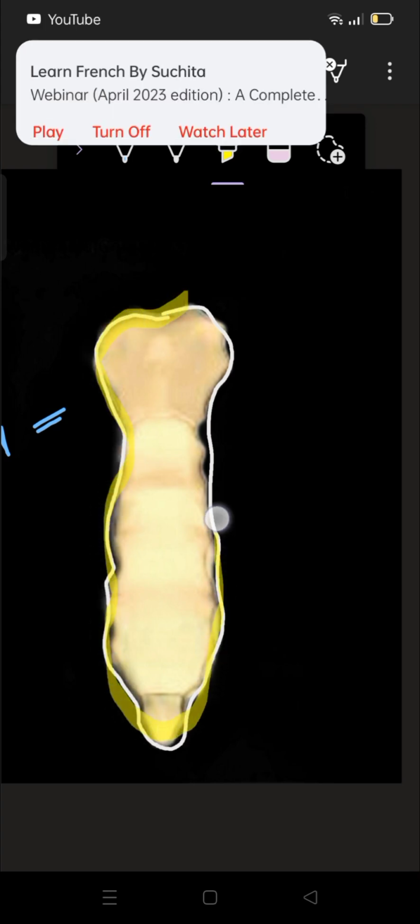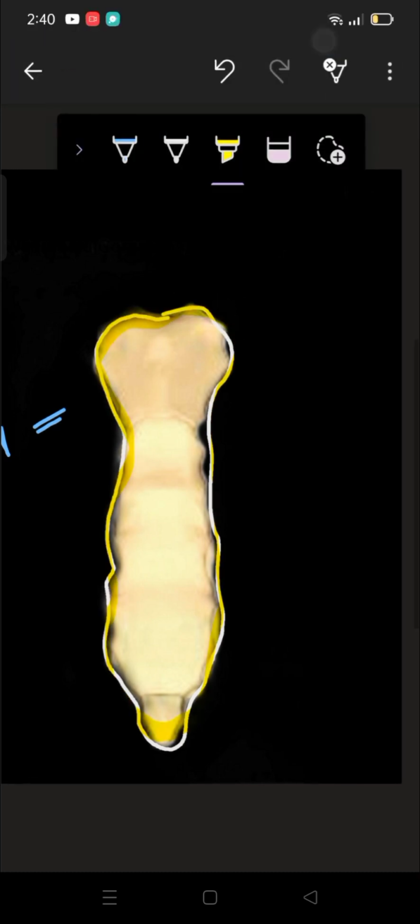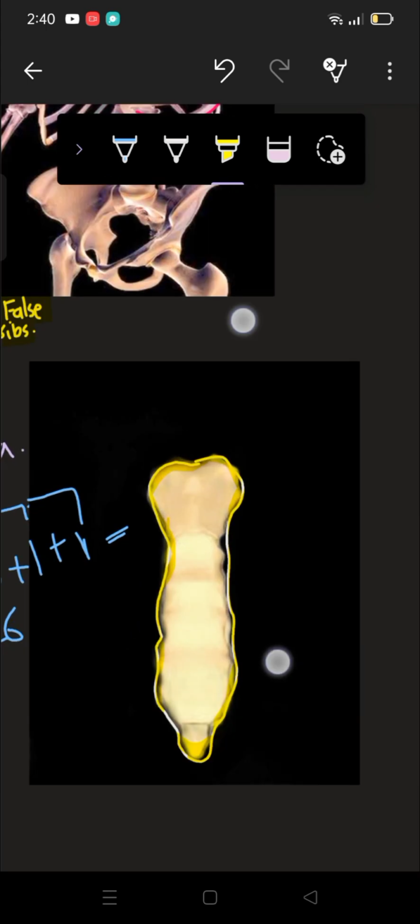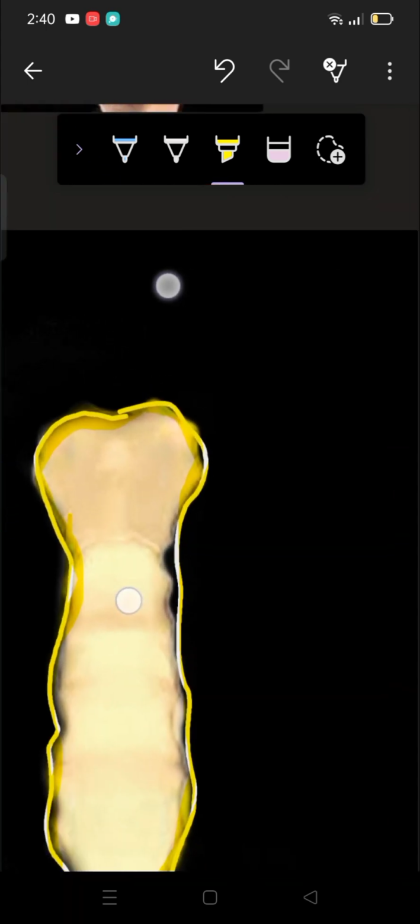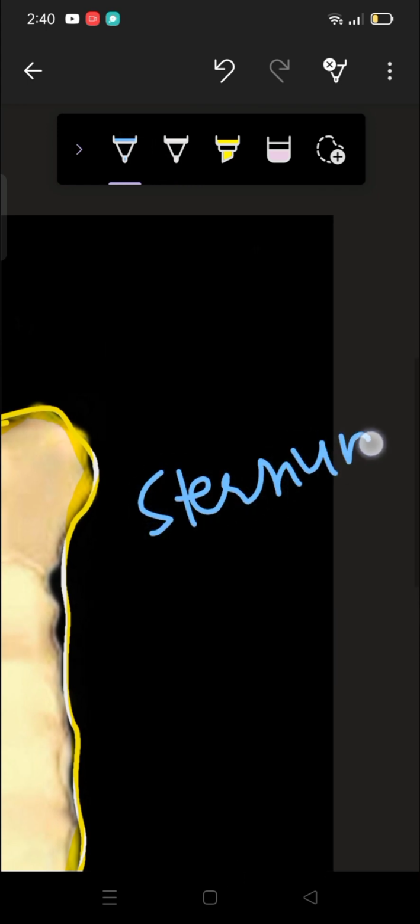I hope this is visible to you guys now. As you can see, the sternum, as I told you, is only a single bone.